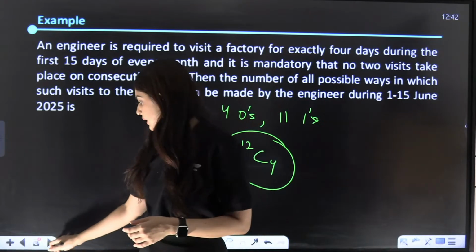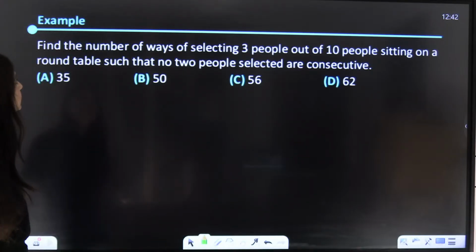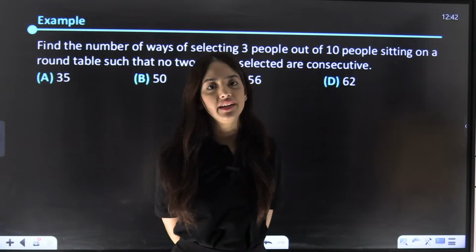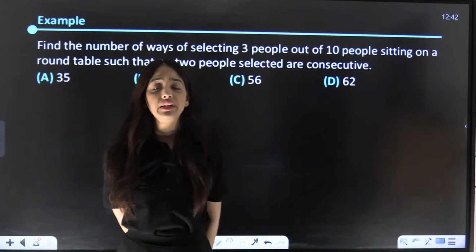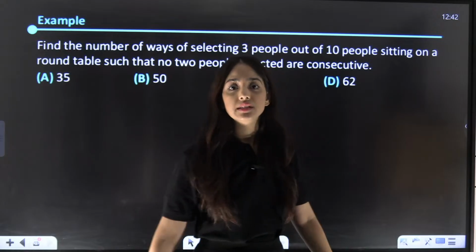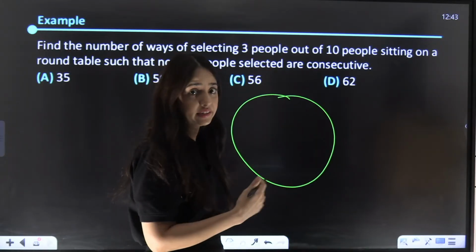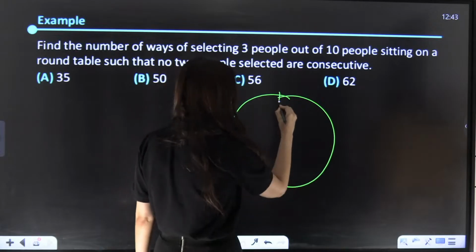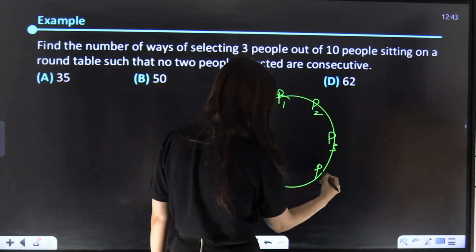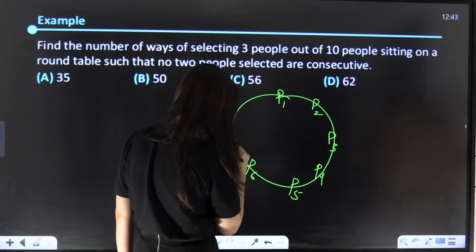Alright. Now let's take a look at this problem where it's a circular arrangement. Now instead of a linear arrangement, we have 10 people sitting around a circle. And they are people, they are not identical, they are 10 different people sitting around a table. We don't have to find the arrangements, they are already sitting here.